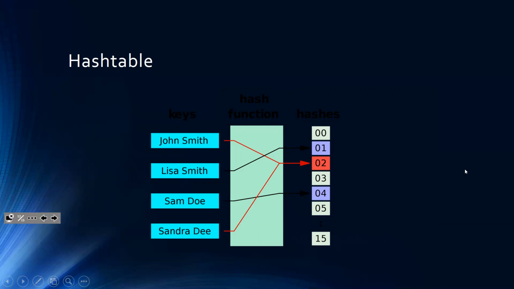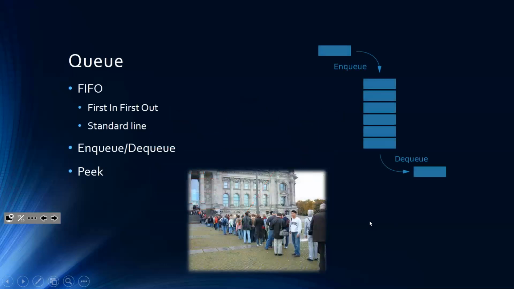In this example, we've ended up with Linda getting hash value 1, Sam getting hash value 4, and Sandra and John getting hash value 2, which could potentially cause problems depending on what our implementation was. We might need to fix our algorithm, figure out why they're getting the same value. But we're trying to generate unique keys for each of these different items. So that's what a hash table is. Give us some different key values.